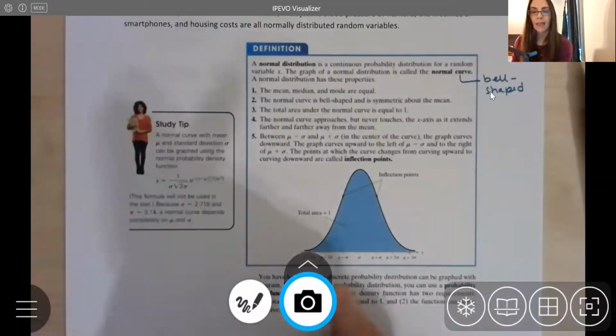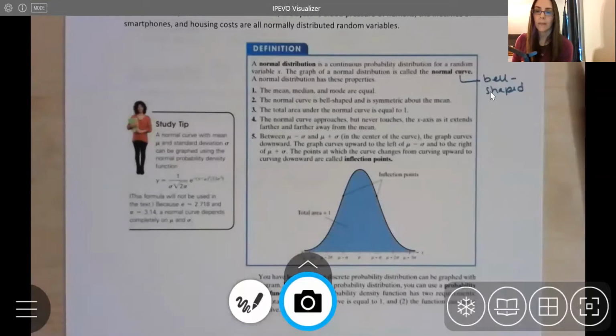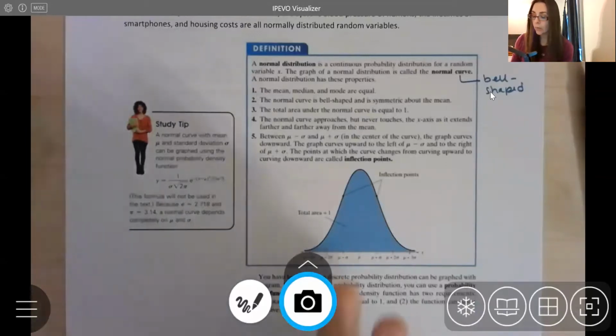We talked about this a little bit in the last chapter when we were doing discrete probability distributions. We were looking at those histograms and noticing that the area of the bars of the histogram was related to the probabilities. So this idea of area and probability has a very close relationship, and we see that here.